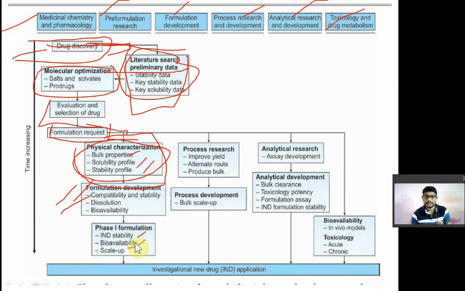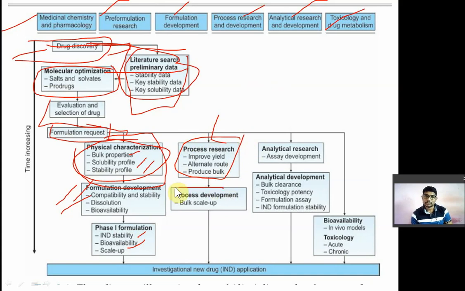Initially you do only a small batch, then you scale up to a relatively large number of tablets. Then there is process research, where they try to improve the yield and find an alternate route. If it is not satisfactory, the product will be produced in bulk.